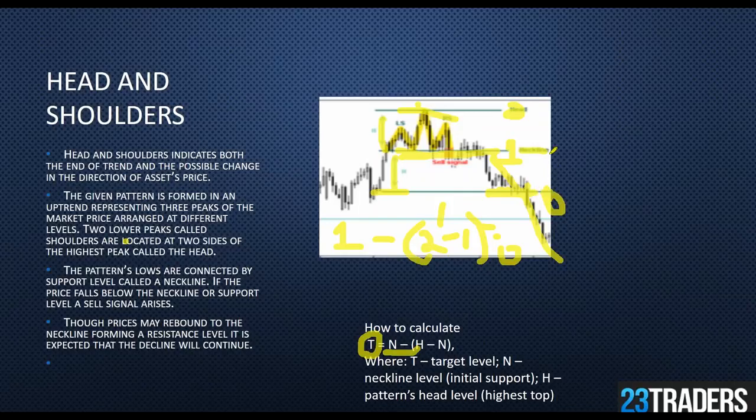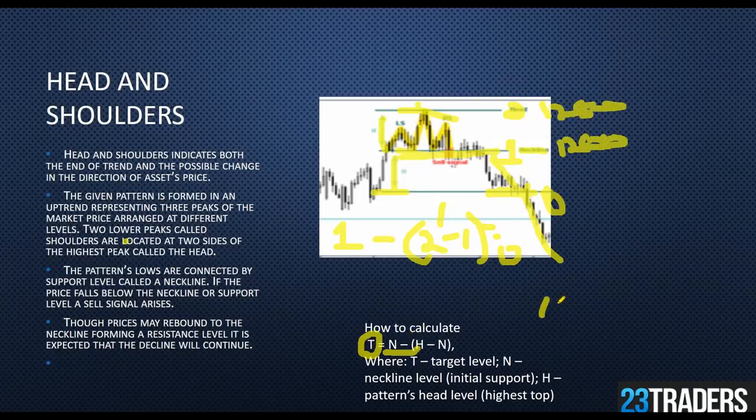So if this was gold, and the neckline of gold happened to be at $1,200, and it peaked at the head at $1,250, what would we set our target at?